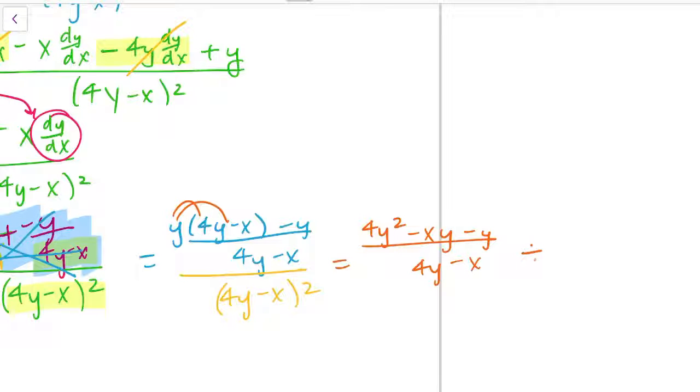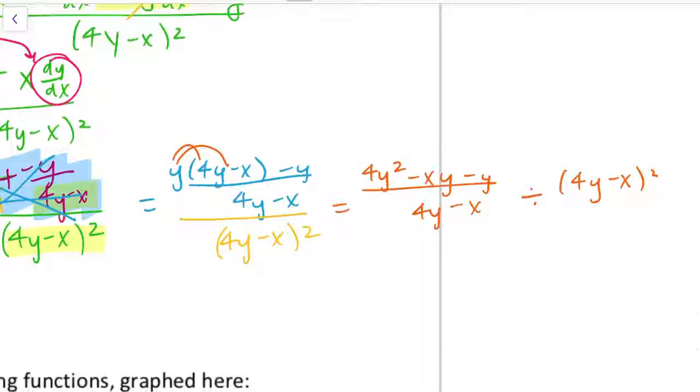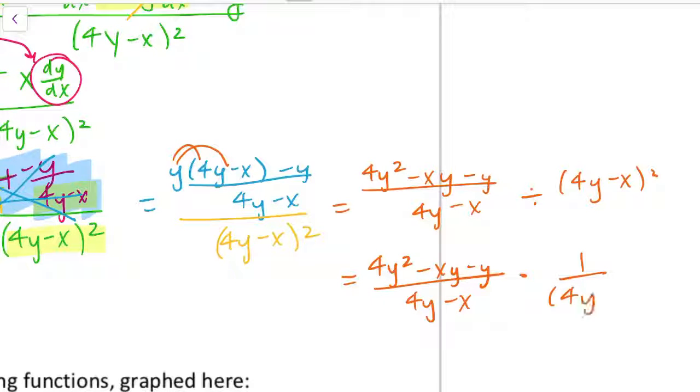So we can take our numerator and divide by 4y minus x squared, which is going to involve us copying, dotting, flipping, multiplying by the reciprocal. 4y squared minus xy minus y over 4y minus x times 1 over 4y minus x squared.